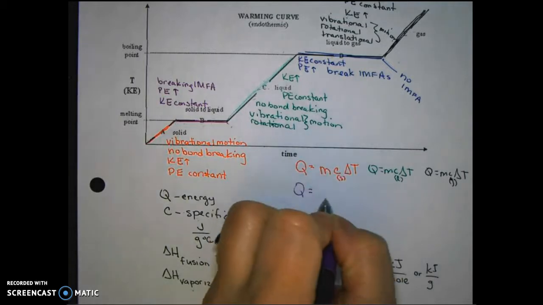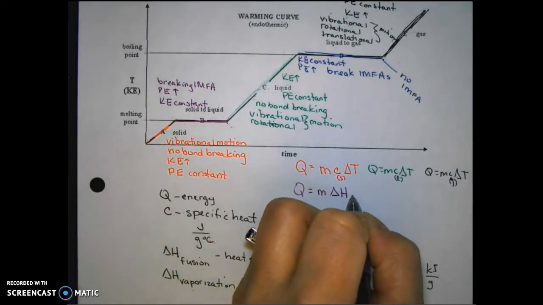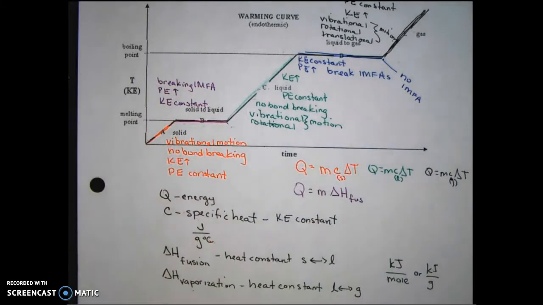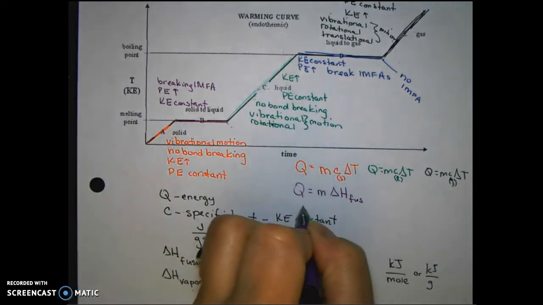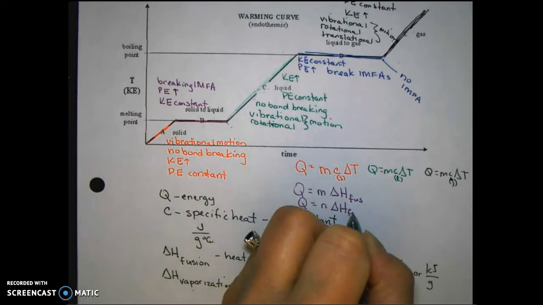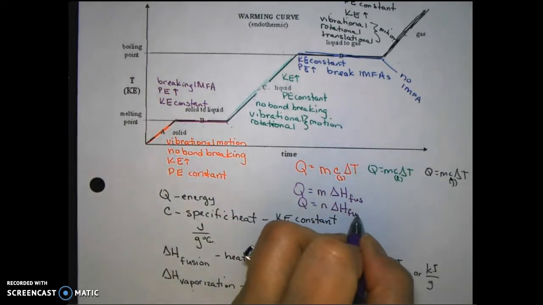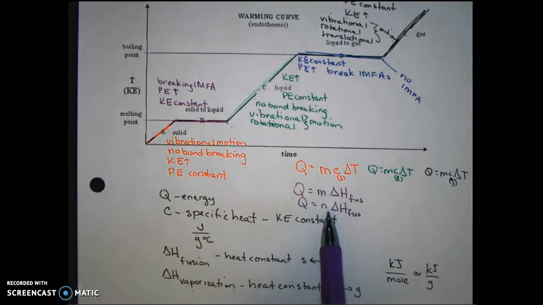So we usually say Q equals m delta H, and in this case it's fusion. This m can be mass, but it also could be n. So this also could be Q equals n delta H of fusion, depending upon the unit. But more typically, you're going to see it Q equals m delta H, and then you can go from grams to moles if you need to in a dimensional analysis problem.